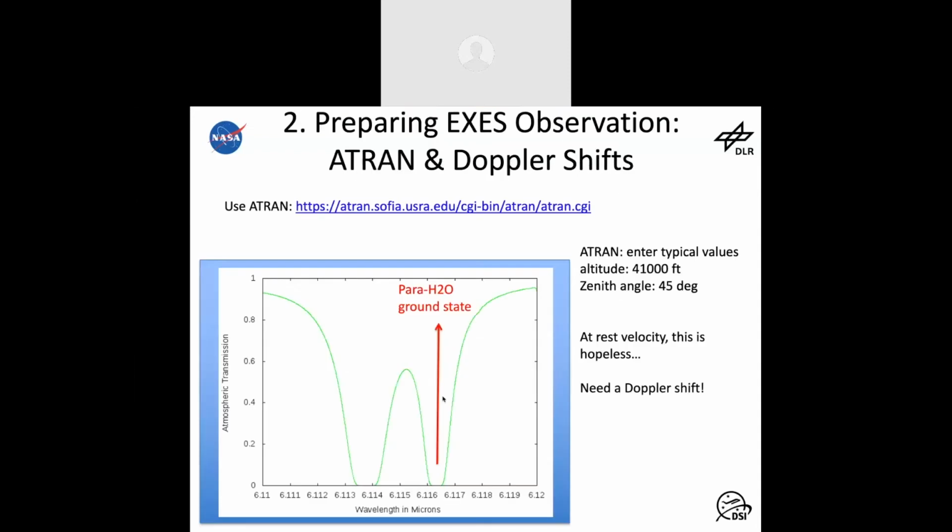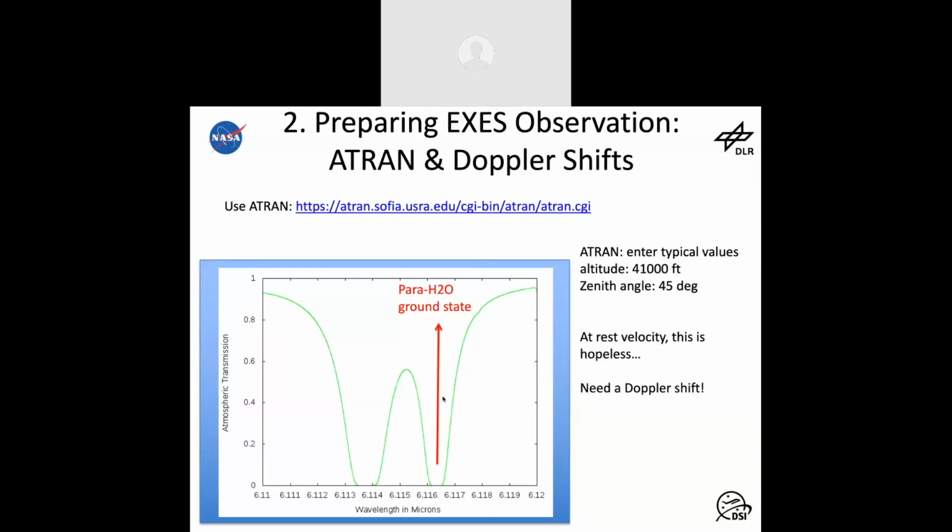So considering only that line for the moment, the first good step is to download an atmospheric transmission model from the ATRAN utility linked from the SOFIA proposal tools website. Give it reasonable values for a SOFIA flight, say 41,000 feet flying altitude and a zenith angle of about 45 degrees.